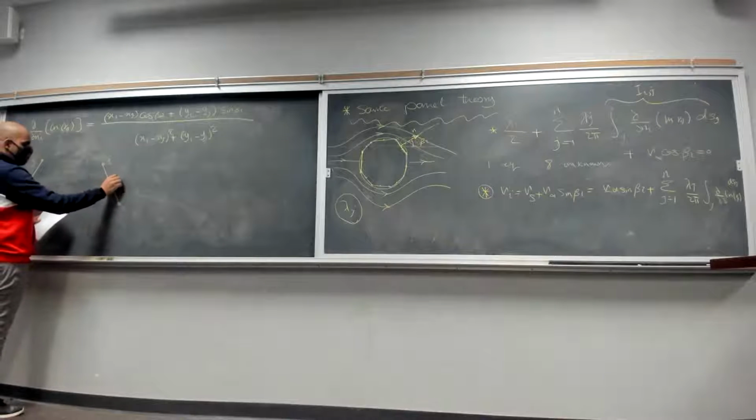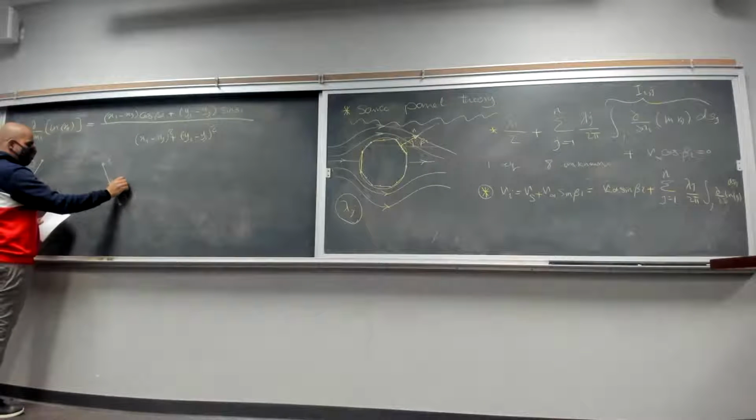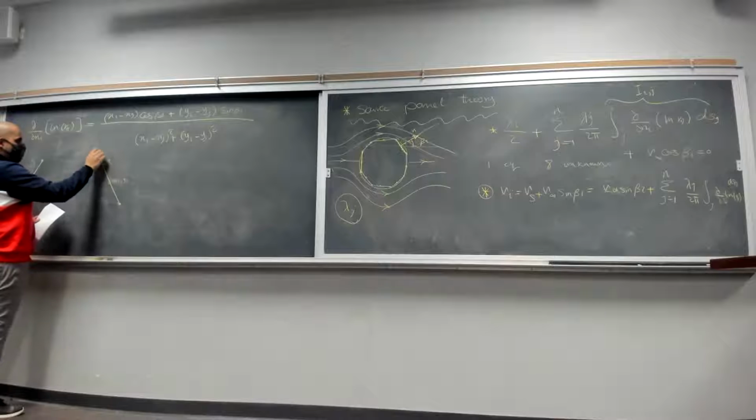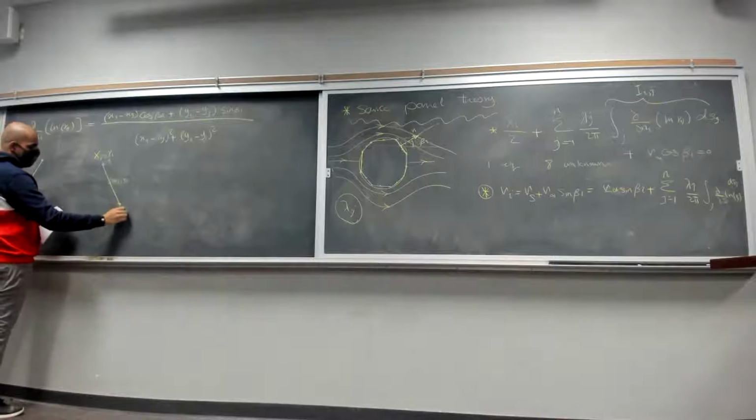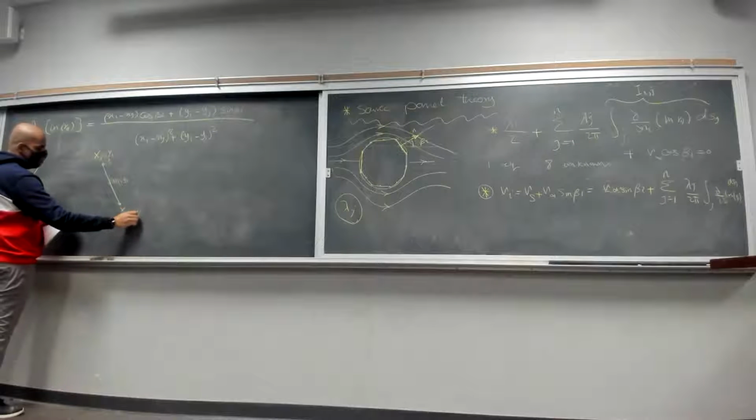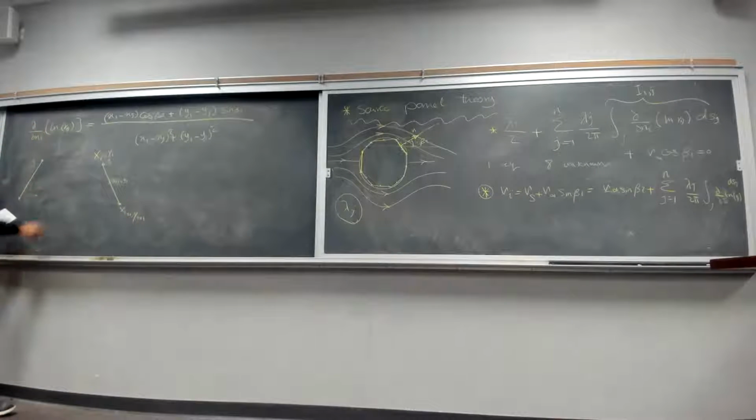Control point xi and yi. Then this point is Xi and Yi, Xi plus 1, Yi plus 1. These are capital X's. This one Xj, Yj, Xj plus 1, and Yj plus 1.